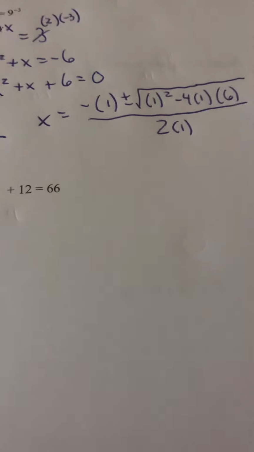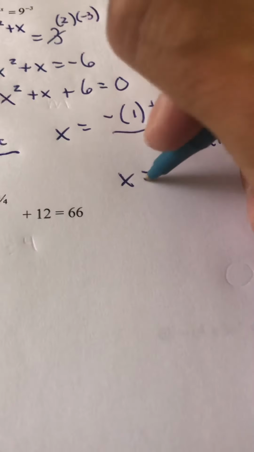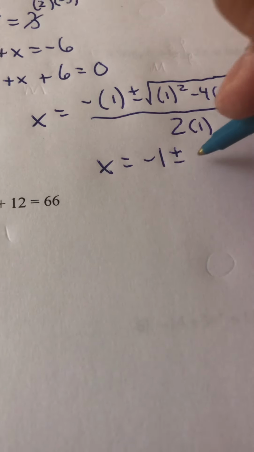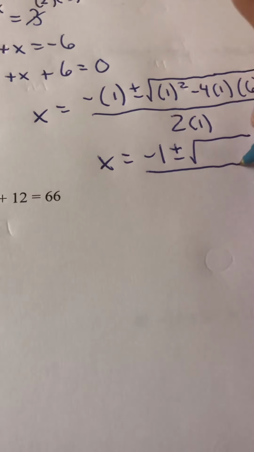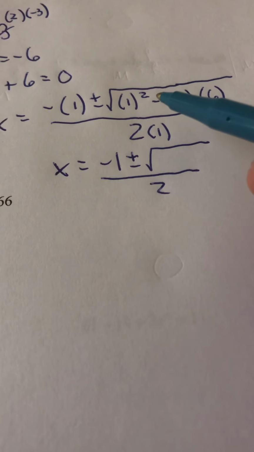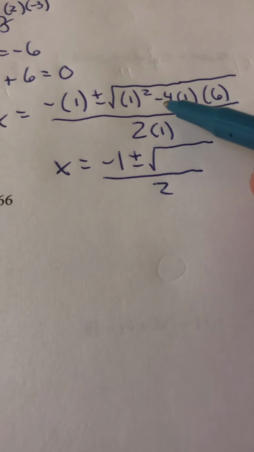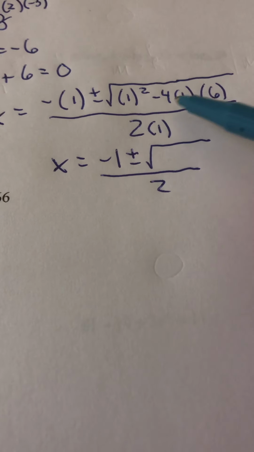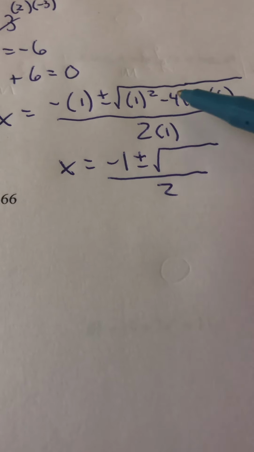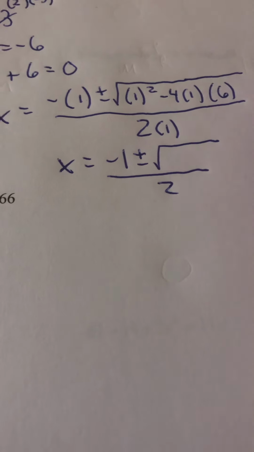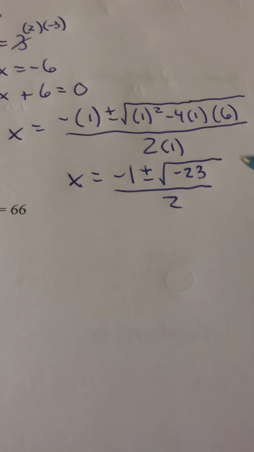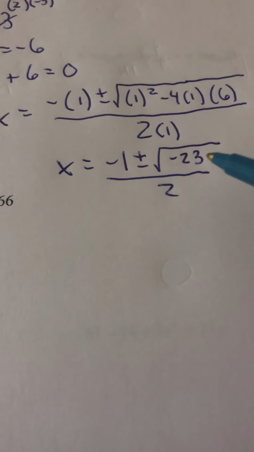So we're going to start to simplify, and we'll get x is equal to -1 plus or minus, inside the radical, you can do this with a calculator. You can also do it by hand. 1 squared is 1. -4 times 1 times 6. Well, -4 times 1 is -4, times 6 is -24. And that's going to be +1, so this is going to be -23. 23 has no perfect square factors. However, you can simplify this.